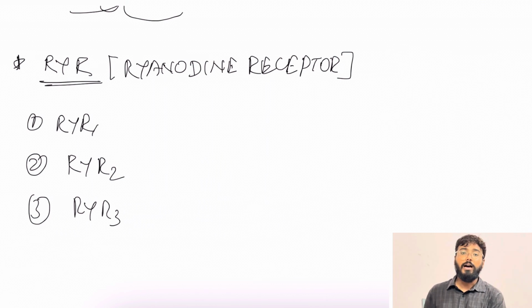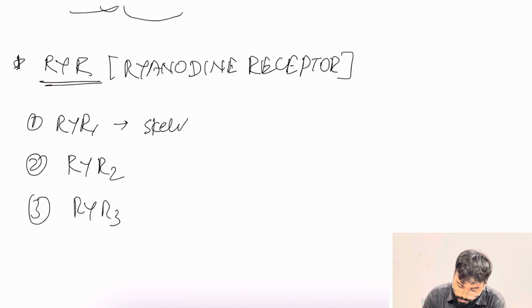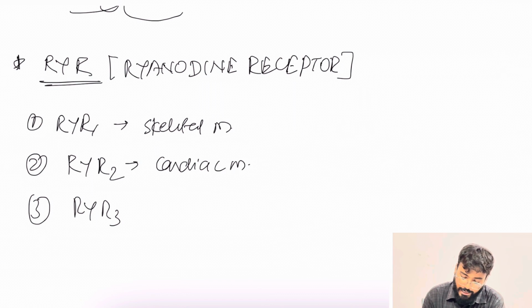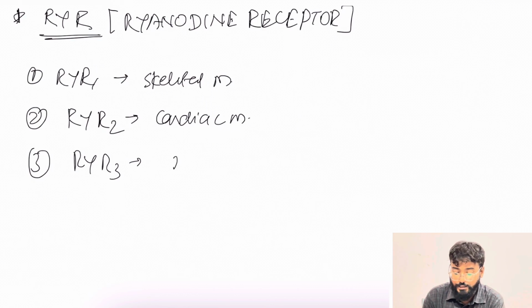So what are the locations where these different types are present? Type 1 is present in your skeletal muscle. The ryanodine receptor type 2 is present in your cardiac muscles. The third one is present in the brain and other tissues.